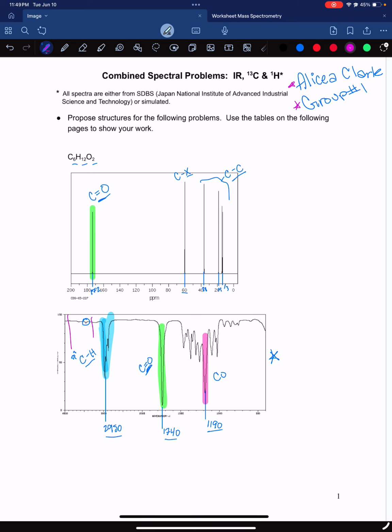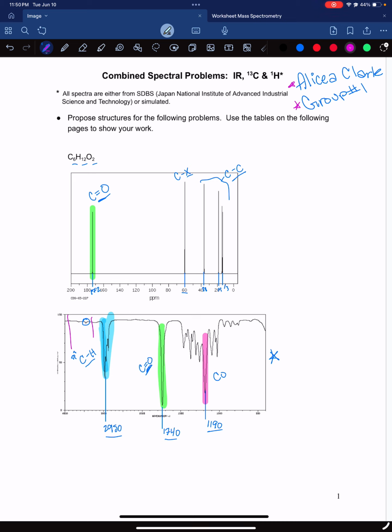Down to my IR spectroscopy, I have my carbonyl, which we've already mentioned. I also have my signature carbon to hydrogen sp3 hybridized spike here, and we have that little ketone bump from that carbonyl that kind of clues you in, confirming, not necessarily, but kind of confirming that it is a carbonyl we're dealing with here.